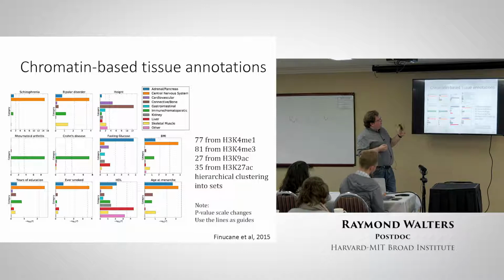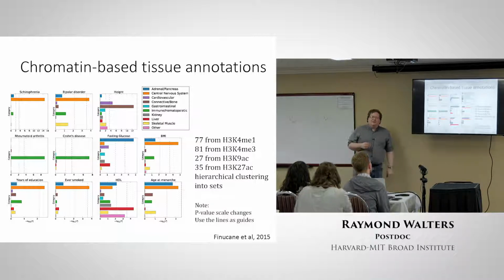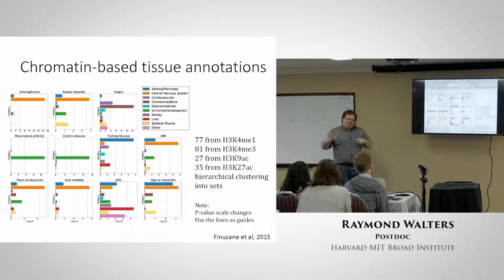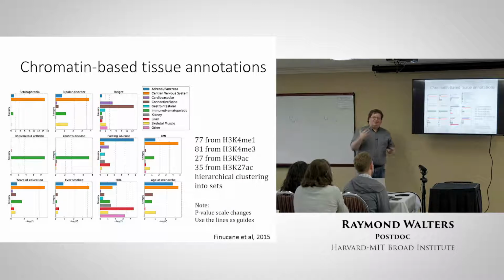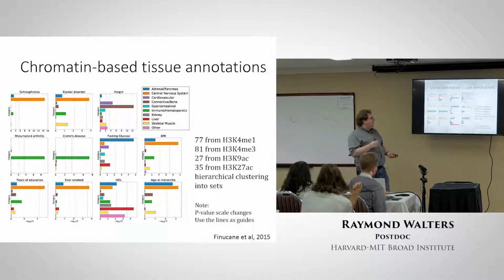There's some other things here where there wasn't that much power for signal. The other one where there was definite power was in height, where we see a strong signal from, again, SNPs that are in these regions where the chromatin suggests it's active within, say, bone or connective tissue. Again, fairly face valid, and so a sense that the results we see make sense.